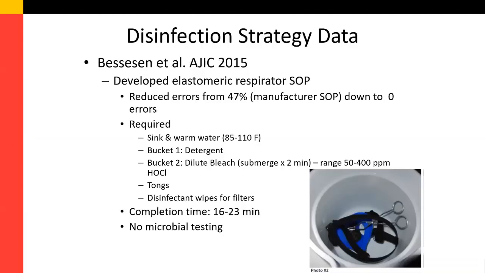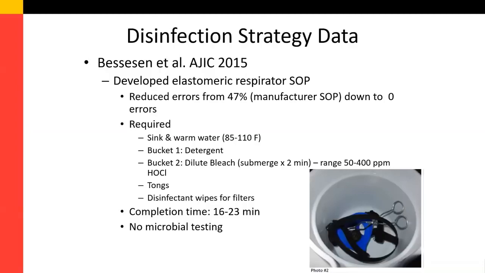following this simple protocol. The protocol required having available a sink with warm water, 2 buckets, one that would be used to place detergent, a second that would be used to place a chemical disinfectant, and they used dilute bleach solution.